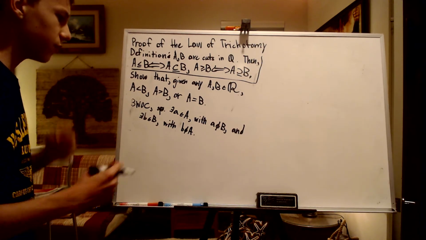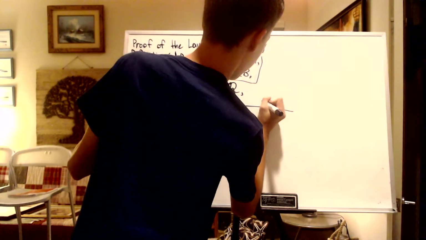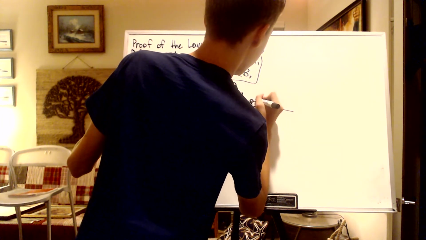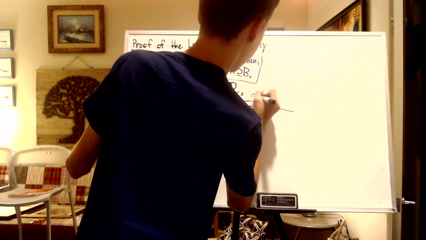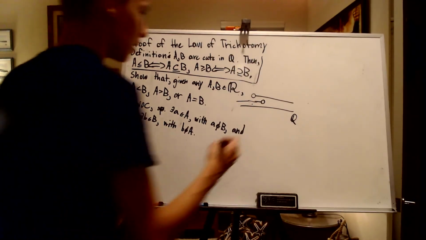Visually, what does this look like? We're not going to use this for the actual proof, but just to get an idea, the Dedekind cuts would look something like this on the Q-axis.